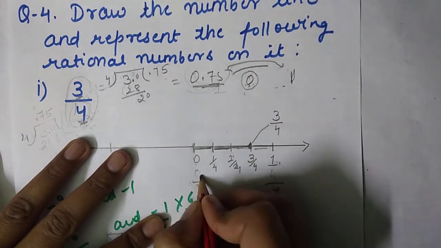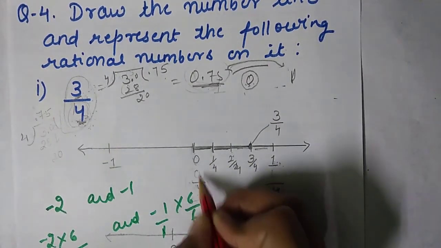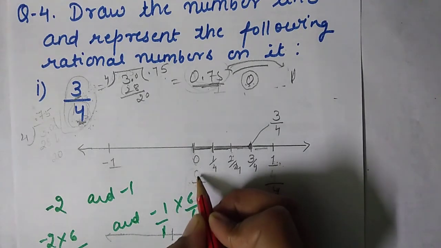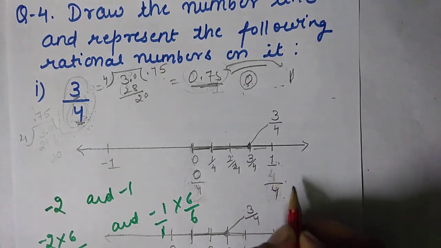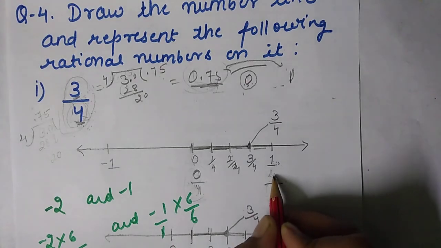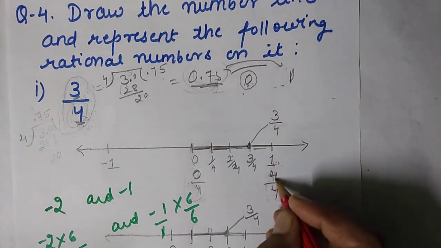Now I have to think of a numerator so that the result gives 0. So it is 0, 0 by 4 is 0. Now I have to think of a numerator so that the result gives 1. The denominator is already 4, so it should be 4.